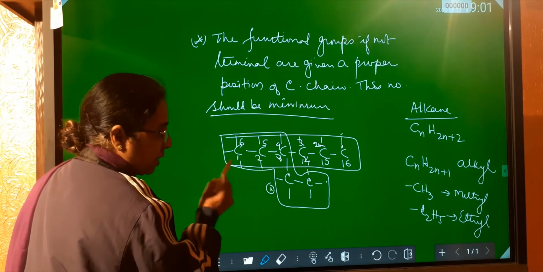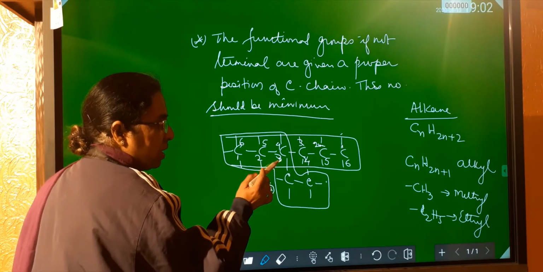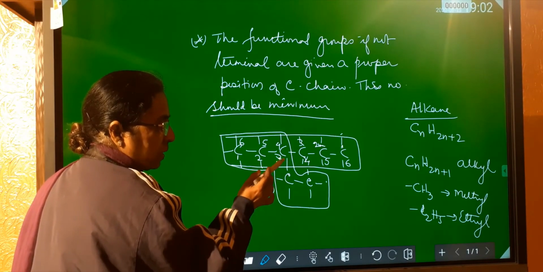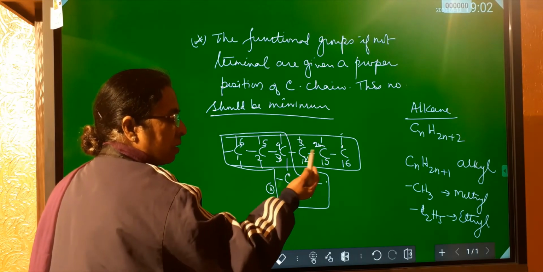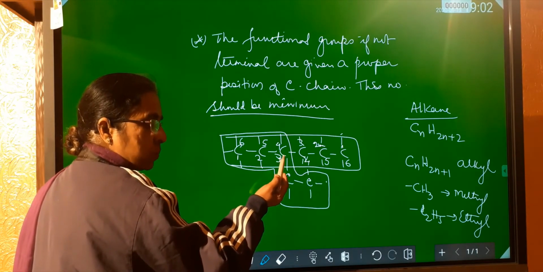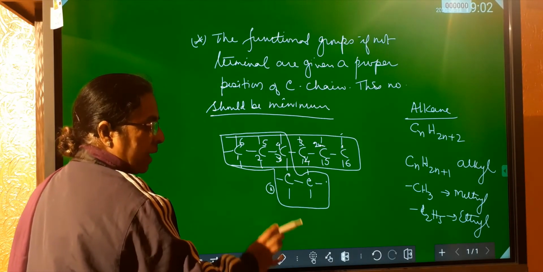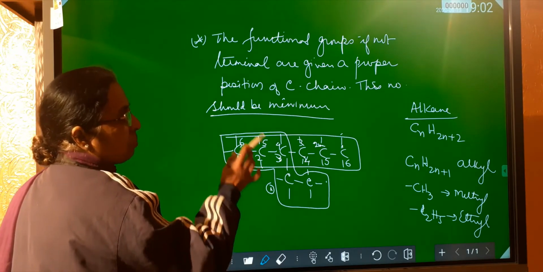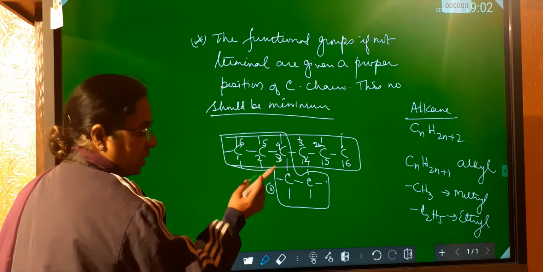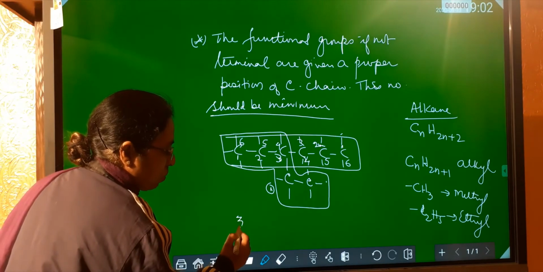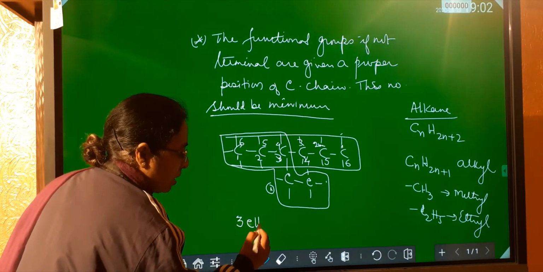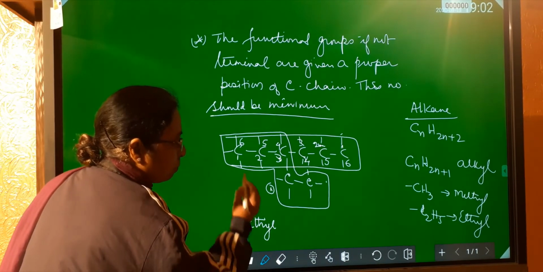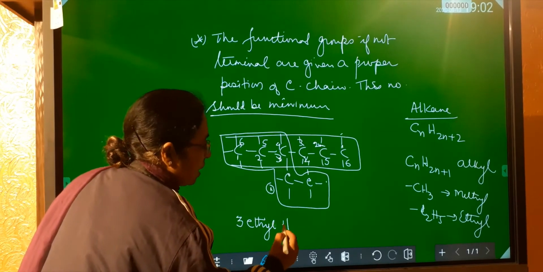So if I begin the numbering from here, then this ethyl group is getting number 3. If I begin the numbering from here, then this ethyl group is getting number 4. So the smallest number I will be giving is 3. The name over here, what I will be writing, is 3-ethyl, and this is hexane.